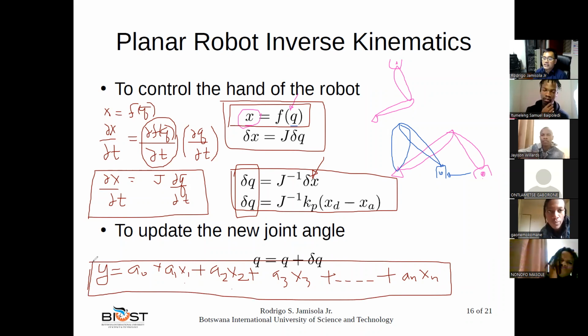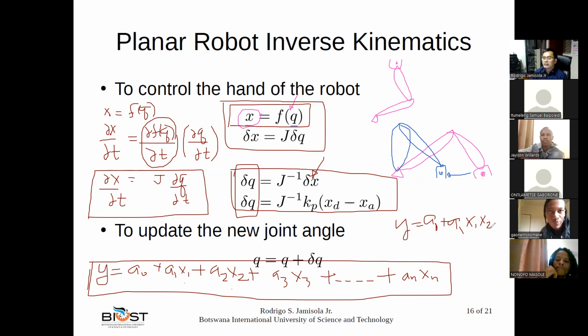Basically, the components are not coupled. It's like you don't have y equal to a0 plus a1 x1 x2, for example.